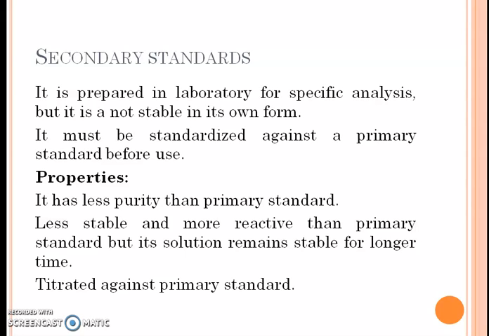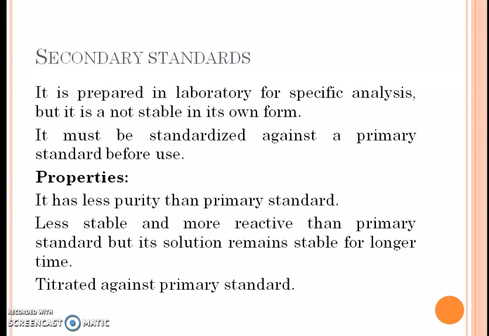Properties of secondary standard: it is less pure as compared to primary standard. It is less stable and more reactive than primary standard. But when converted into solution form, it can remain stable for a longer time as compared to its solid form, and it must be titrated against primary standard.